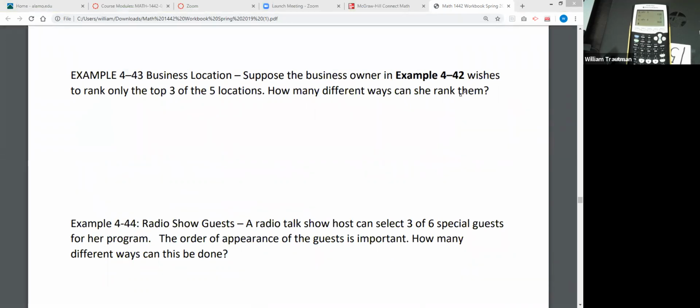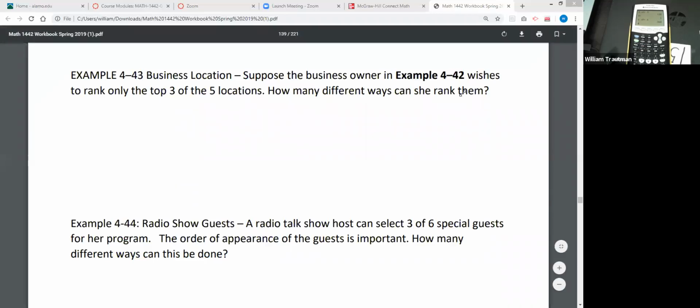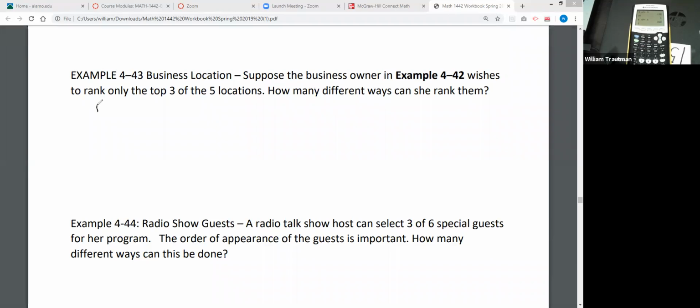All right. Suppose a business owner wishes to rank the top 3 of 5 locations. So once again, we're doing permutations, where order matters.